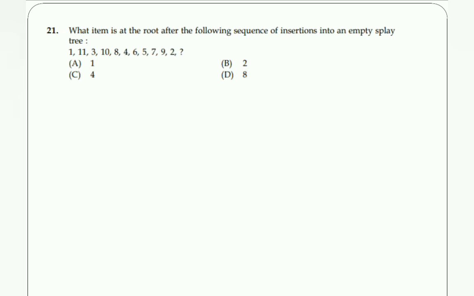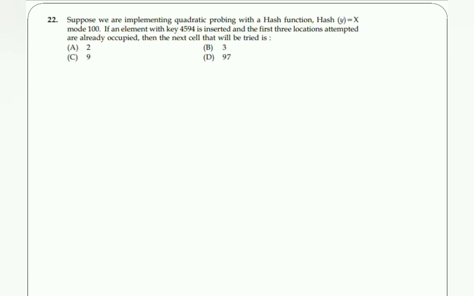Next one, 22. Suppose we are implementing quadratic probing with a hash function h(x) = x mod 100. If an element with key 4594 is inserted and the first 3 locations attempted are already occupied, then the next cell that will be tried is.